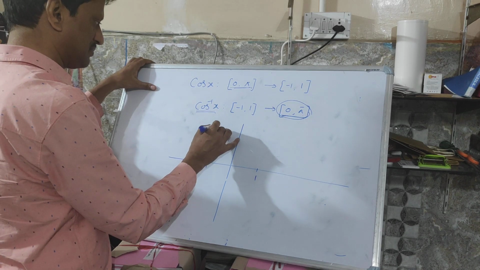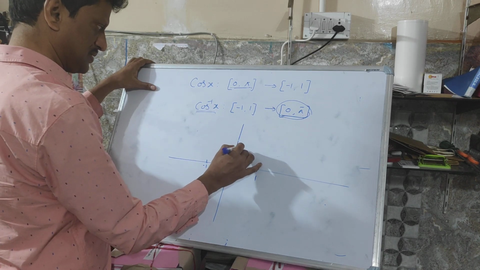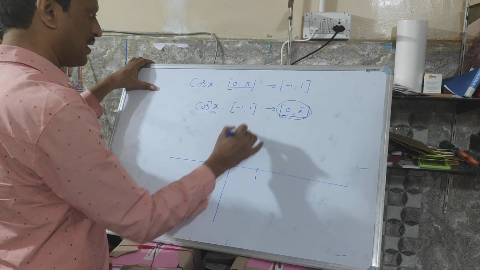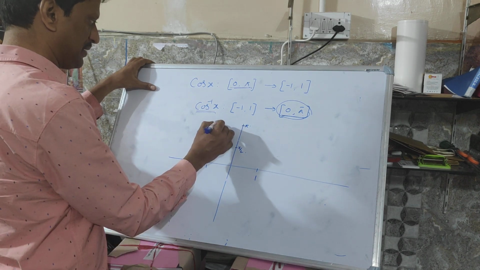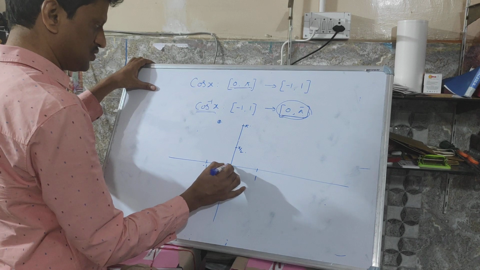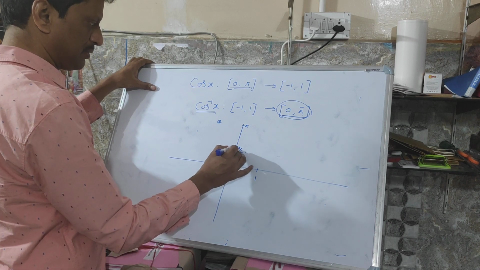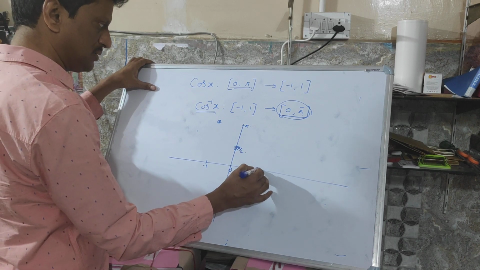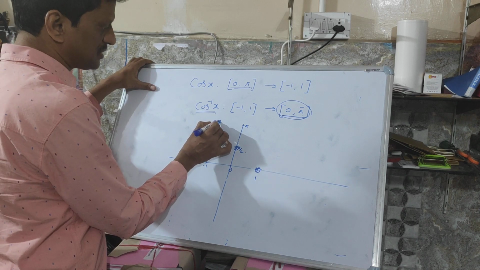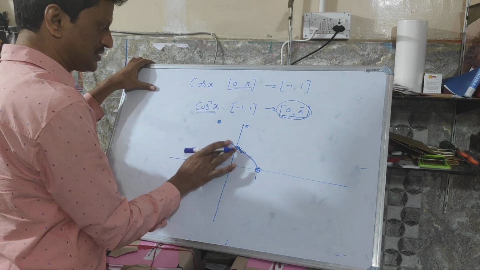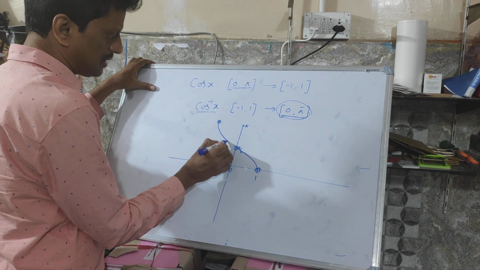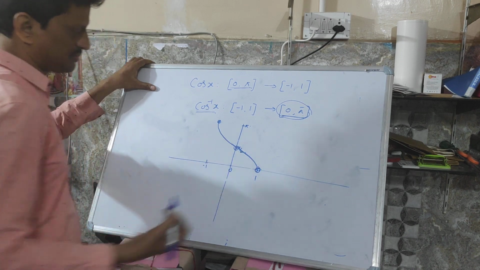At -1 you get pi, at 0 you get pi by 2, and at 1 you get 0. So the graph is a decreasing arc like this.